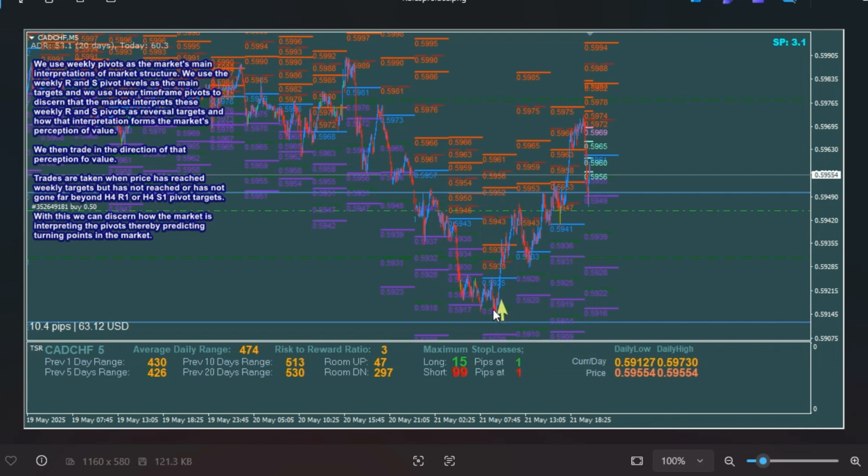So why has the market not reached the H4S1 pivot target? In the previous H4 period, you see that price reached the H4S1 and broke below it, and then hit the H4S2, broke below it, and then seems like it hit the H4S3.